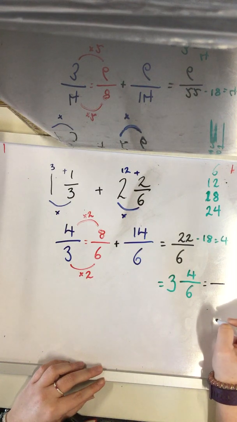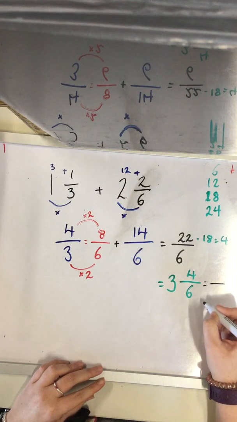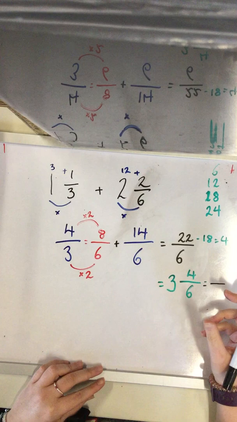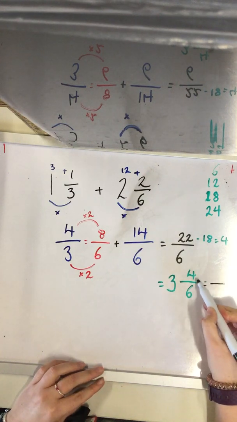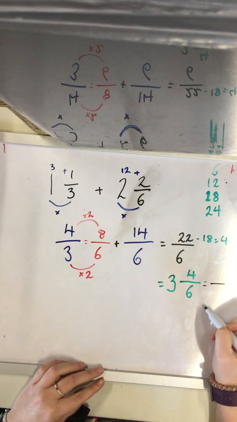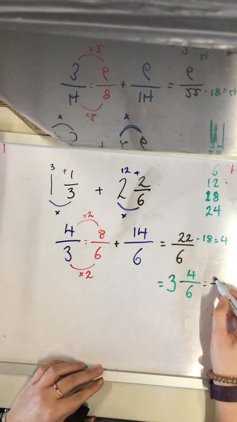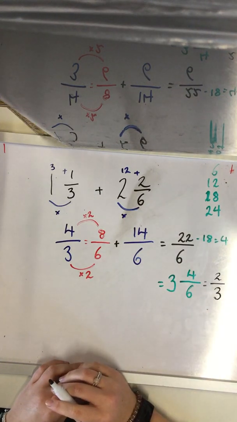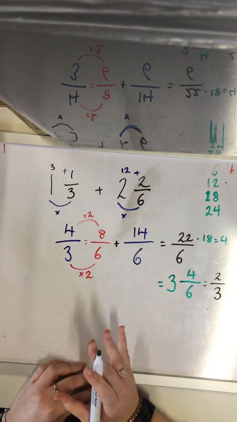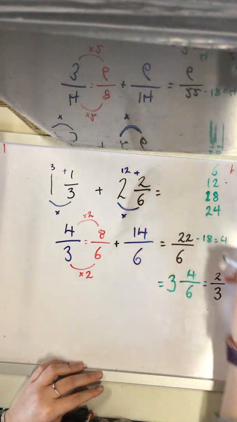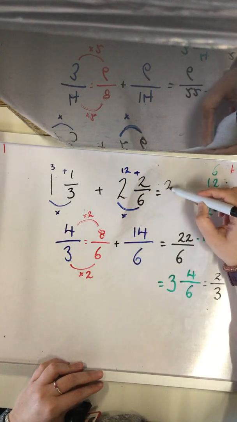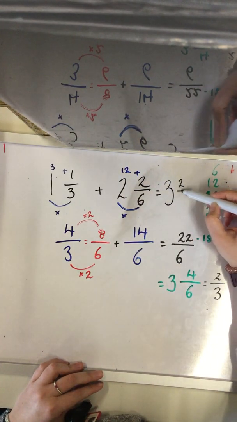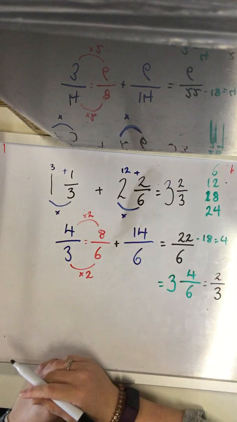Thinking about what we know about our number facts, I know that I can divide both of these numbers by 2, which would leave me with that. So my final answer in the end will be 3 and 2/3.